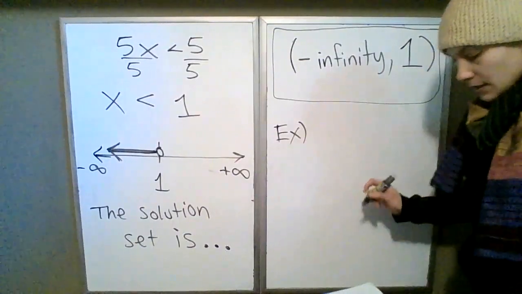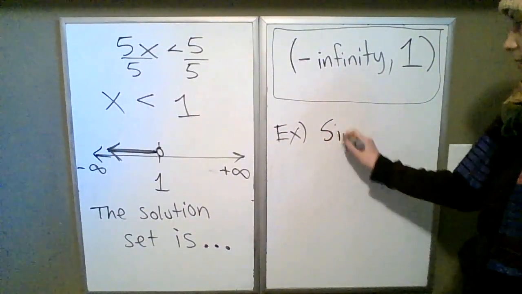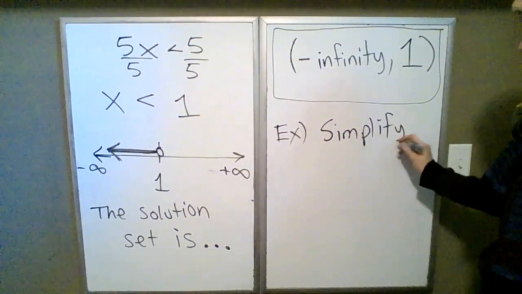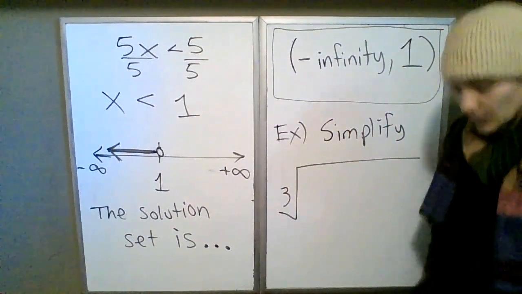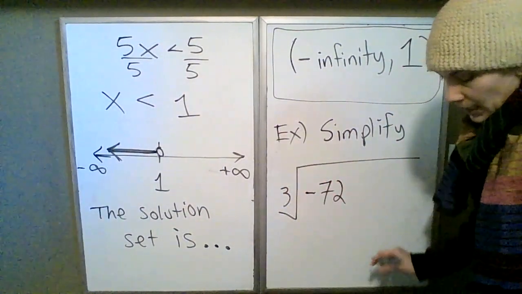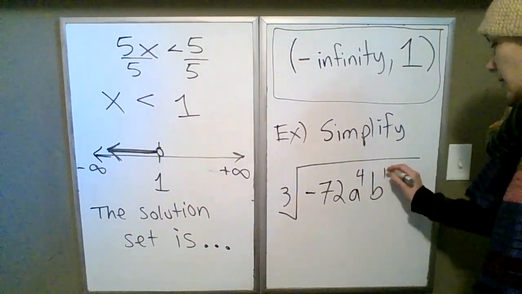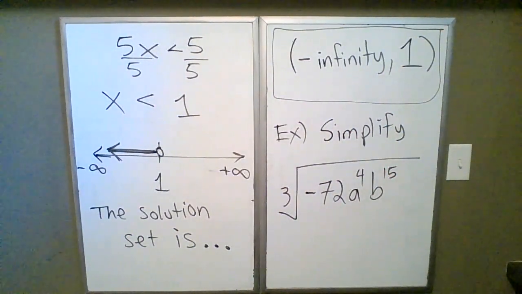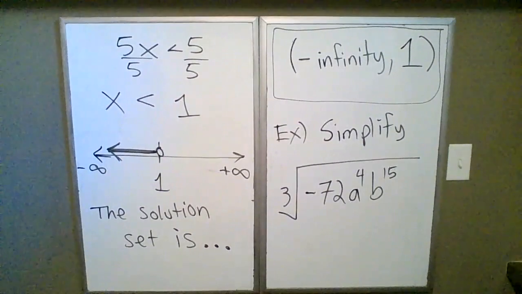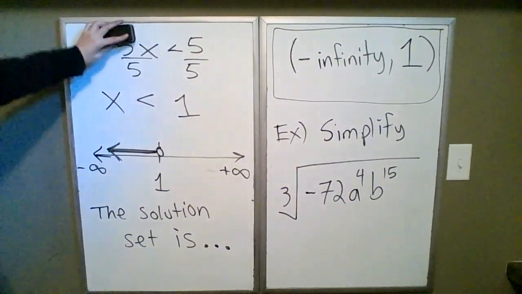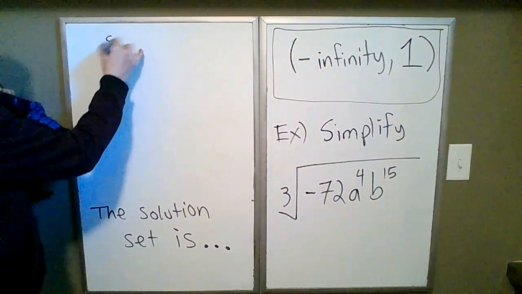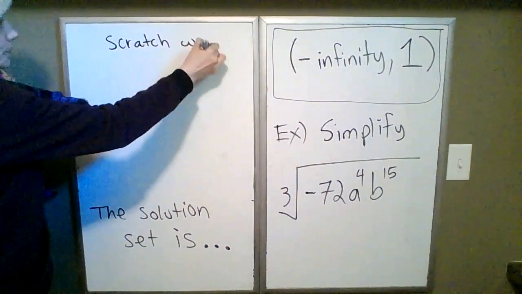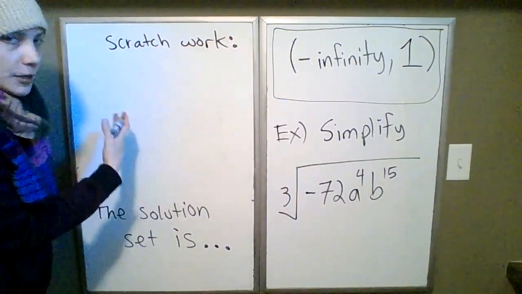I'm going to start with the simplify the cube root of -72 a to the 4th b to the 15th. Okay, just copy down the problem to get started.